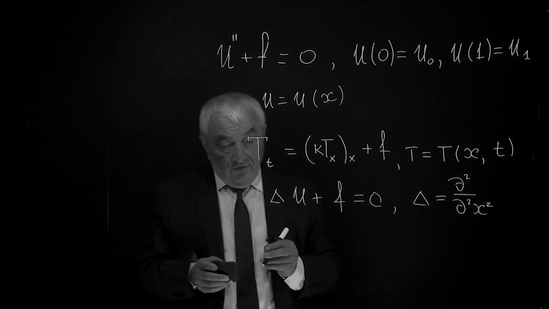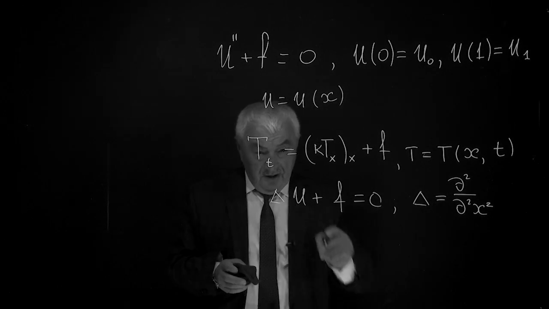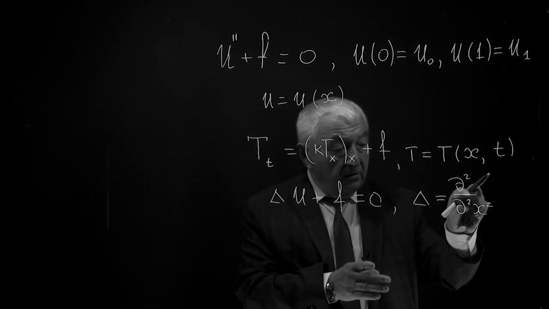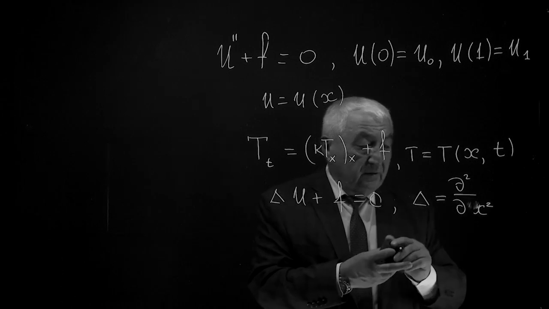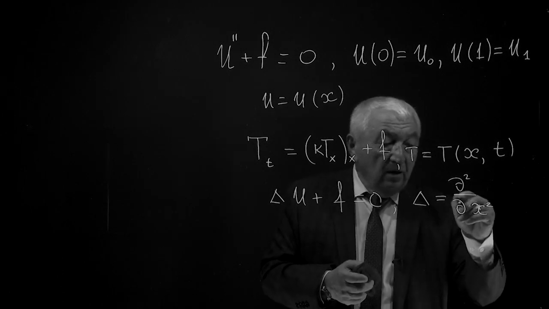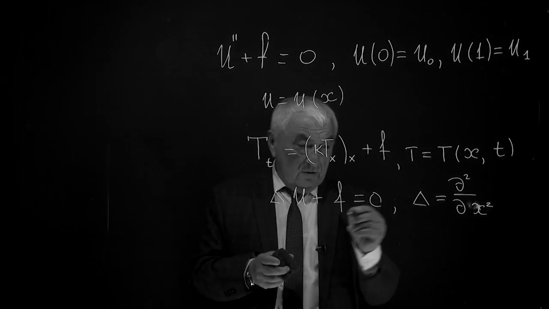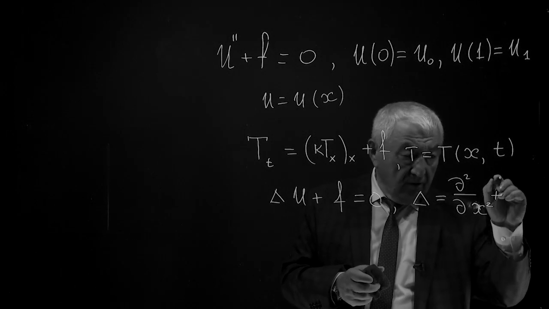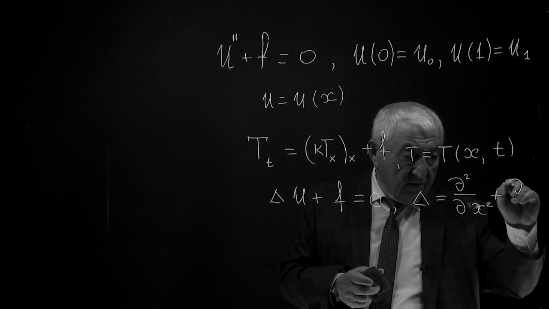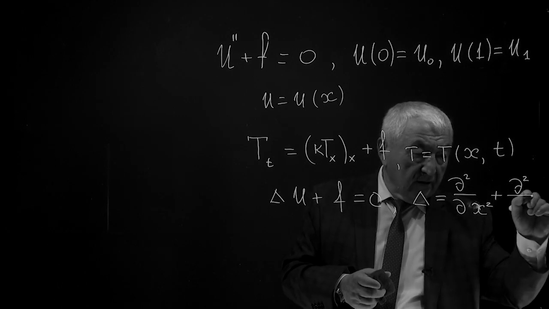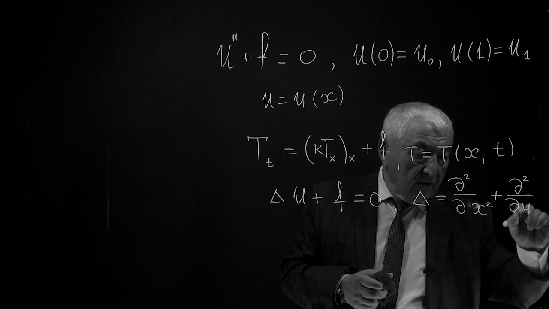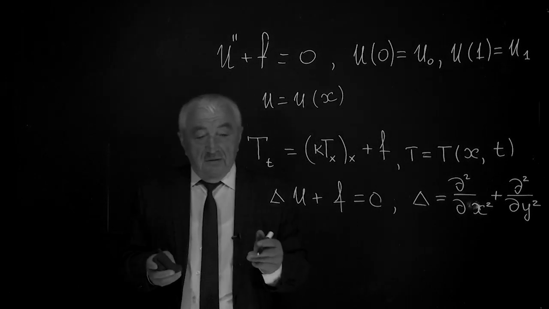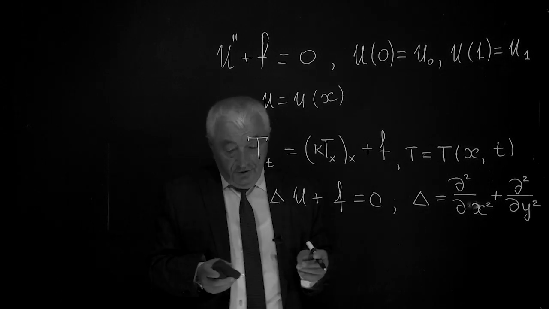This equation is called an elliptic type equation. In the two-dimensional case, it is necessary to add such an operator, d/dy to the second power, etc. It is an elliptic type of equation.